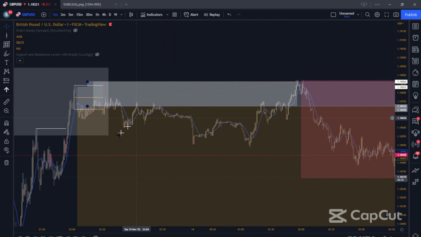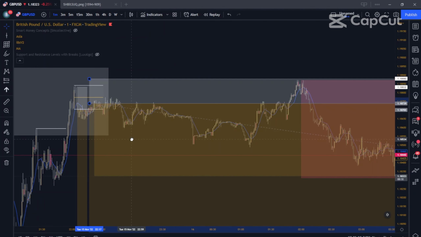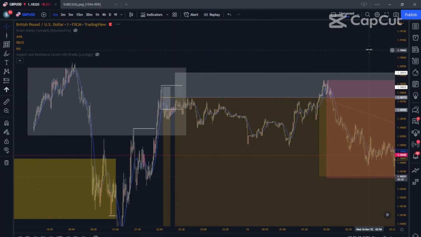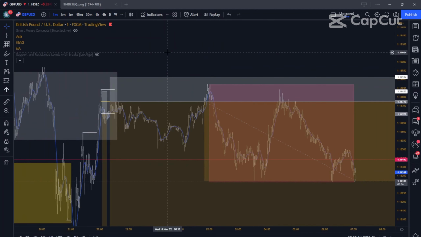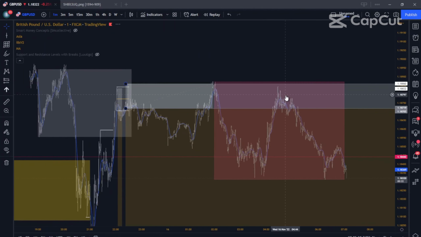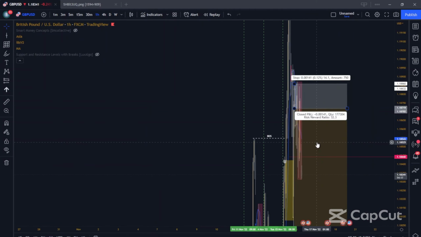To be fair, if I had entered at the EQ, but we got entry model number 1 here, so we got a breakout entry here. But if I had stuck to entry model number 2, I would have been safe in this trade. But I did not. I used entry model number 1 because that's what rules stated. And it is proceeding to absolutely melt from here.